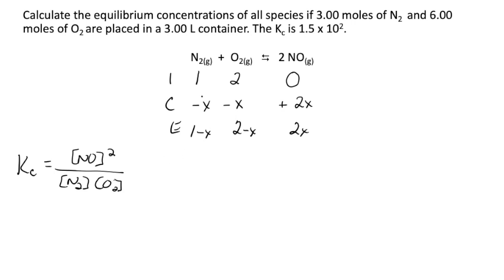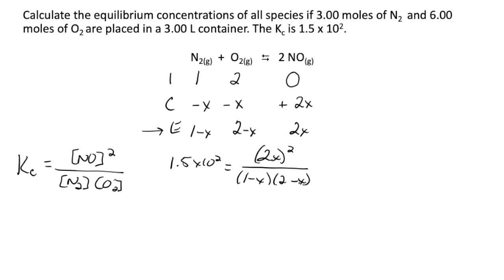We are given a value for Kc, which is 1.5 times 10 to the second, and we're going to plug in the values from my equilibrium row into our equation. So we have 2x raised to the second power, and we have 1 minus x for N2 and 2 minus x for O2.